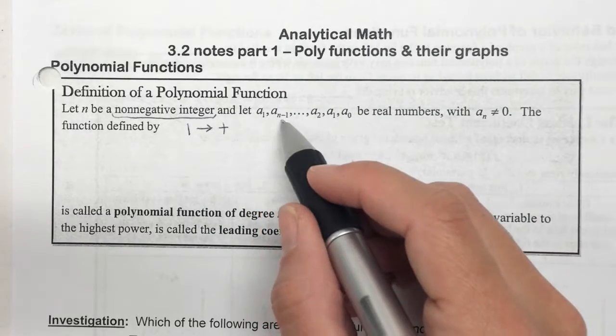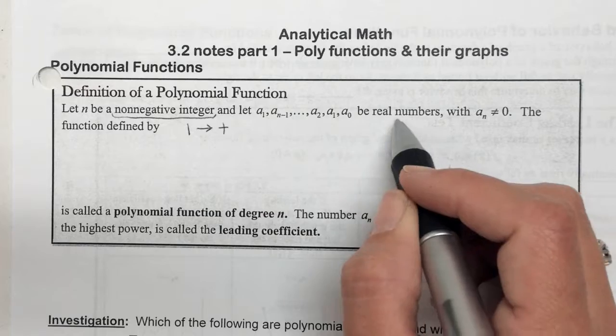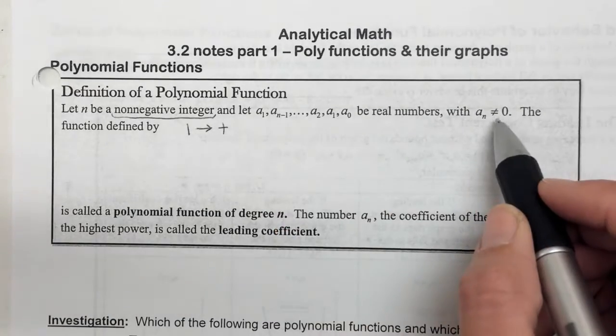And let an, an minus 1, a2, a1, a0 be real numbers. That just means everything but imaginary, with an not being 0.